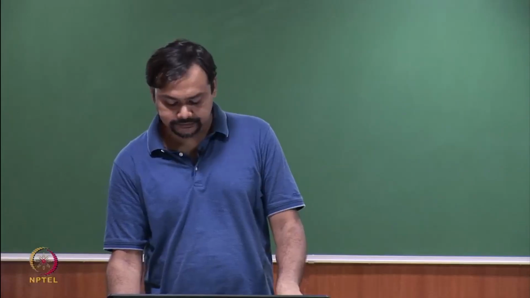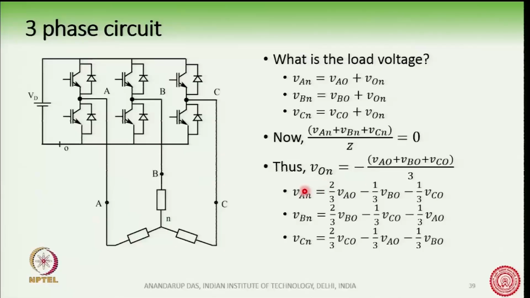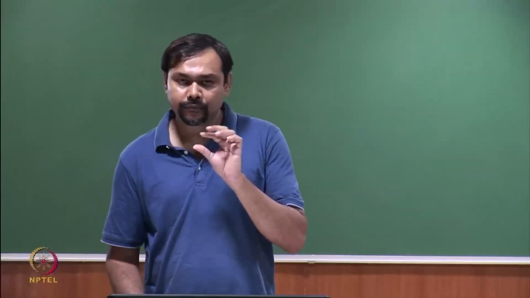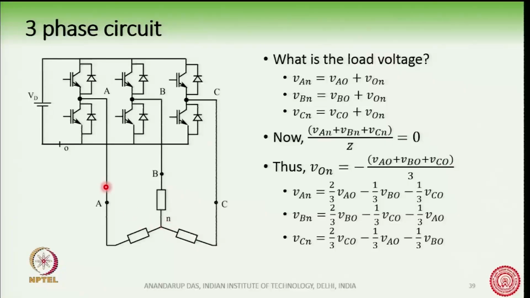We will see that later. So, once we know that there exists a VON voltage and there is an instantaneous voltage difference between O and N, no current is flowing because the N point is completely isolated from the O point. So, no current can flow.